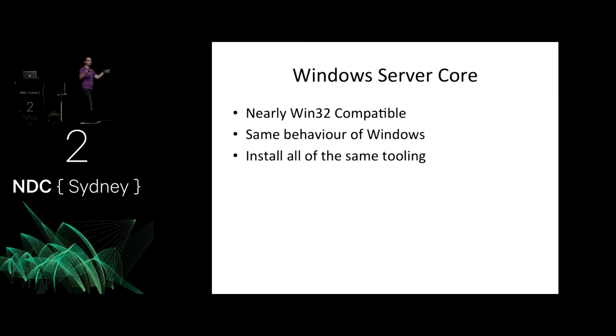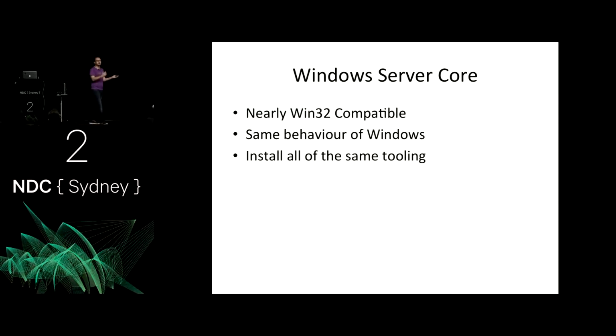The two new operating systems enable the processes running inside the containers themselves. So Windows Server Core is kind of like Windows Server. It's got all of the same, or nearly all of the same APIs. It works and feels and looks like Windows. It's got all the things which you'd expect from Windows. So you can remote desktop into it.